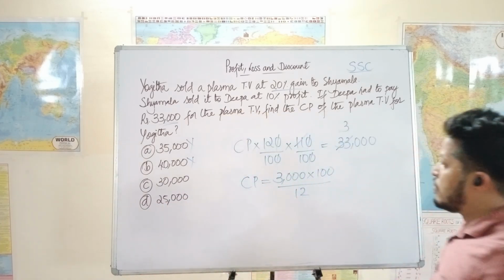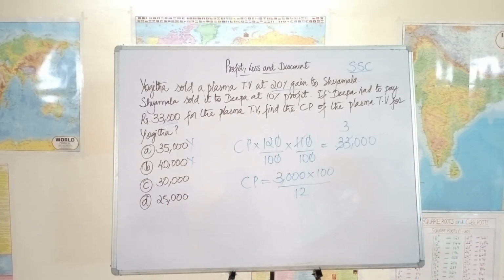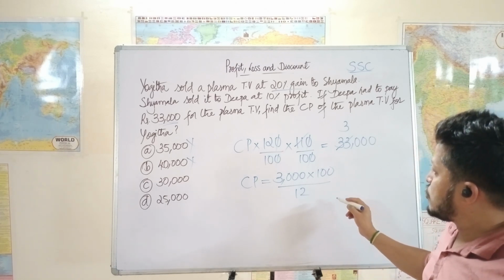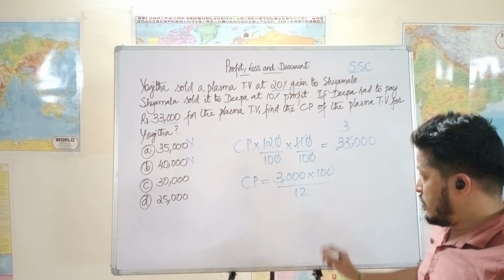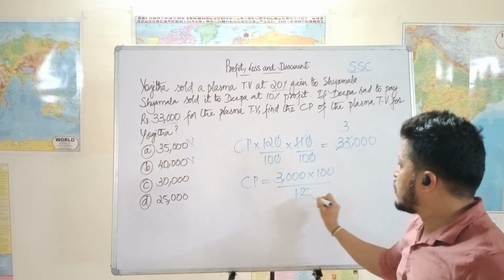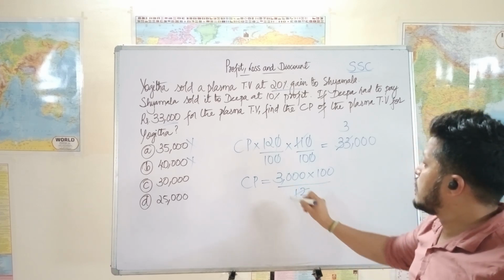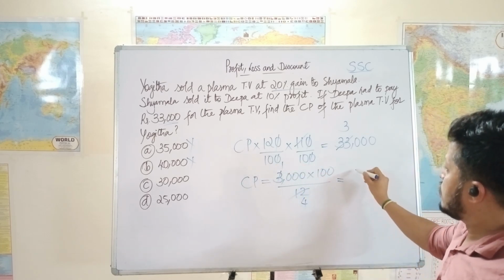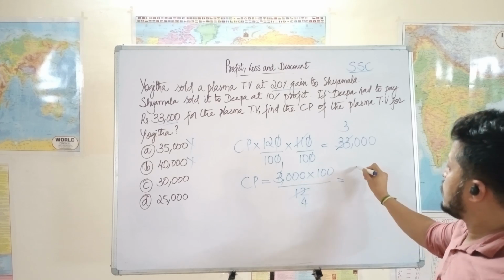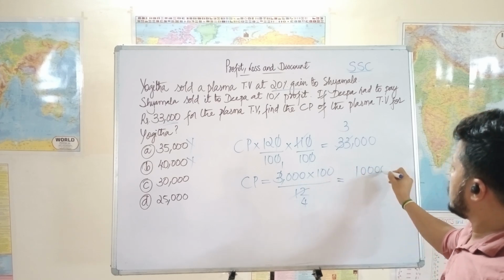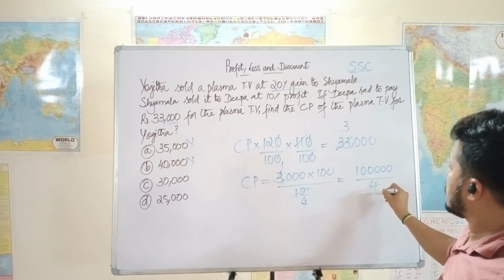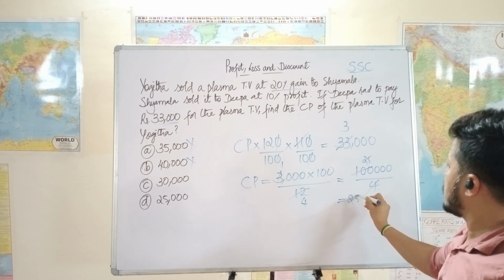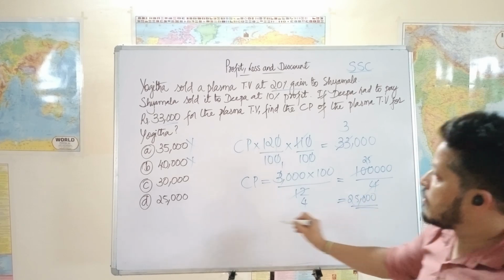So we have simplified it further. Let's do this. 3 4s are 12, 3 1s are 3. So 1000 by 4 is equal to 1000 into 100, 2 more zeros, divided by 4 means 25, so 25,000. 25,000 is the right answer.